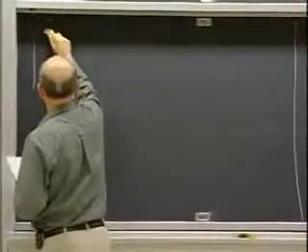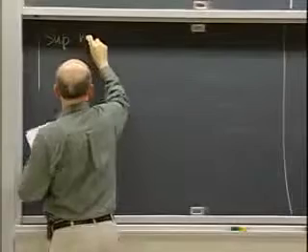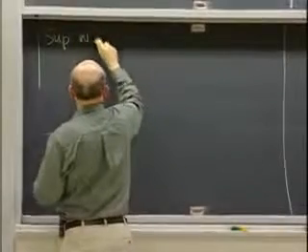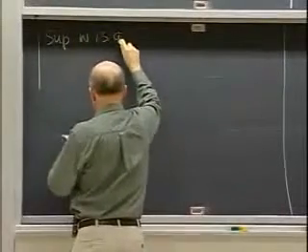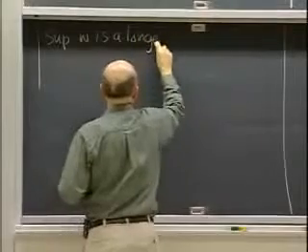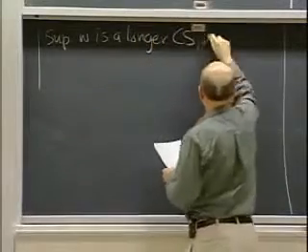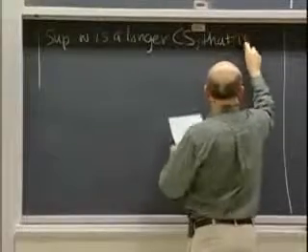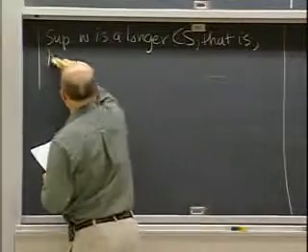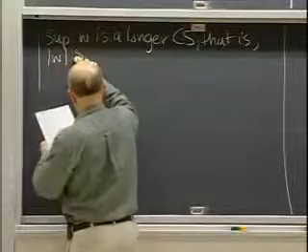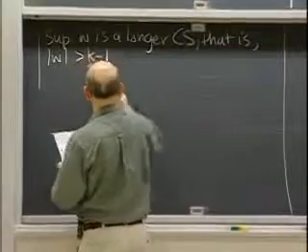Okay? So suppose that W is a longer common sequence. That is, the length of W is bigger than k minus 1.